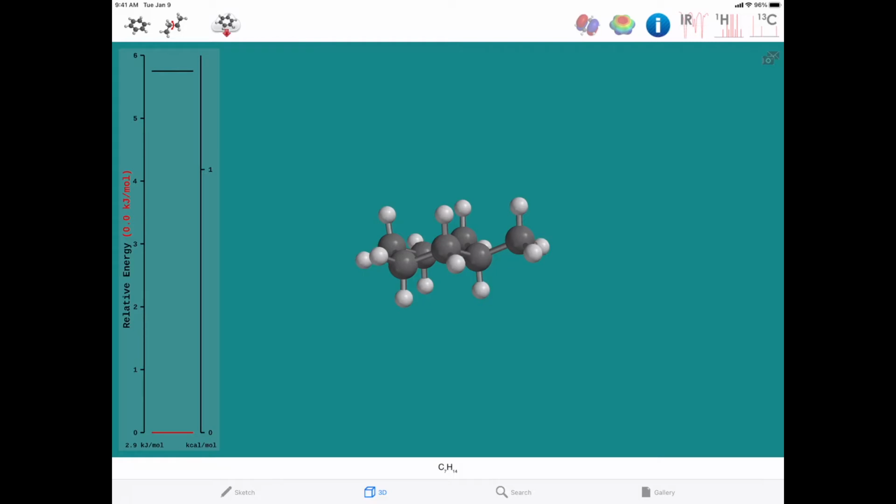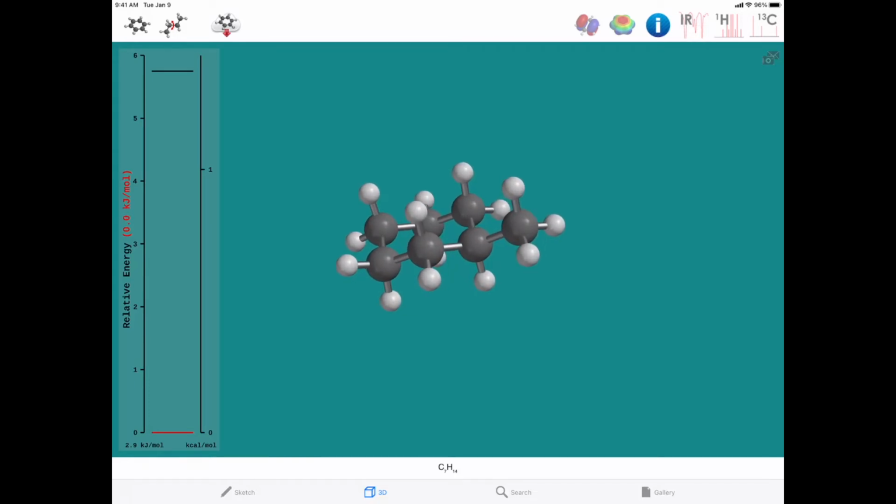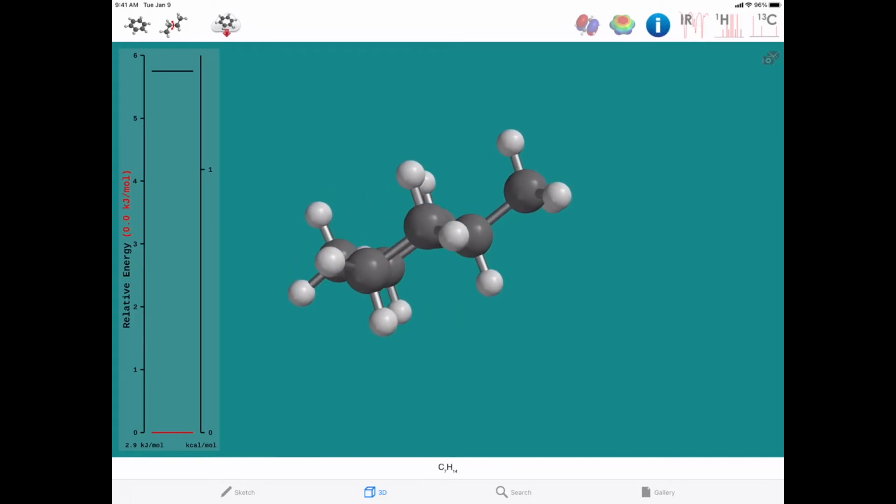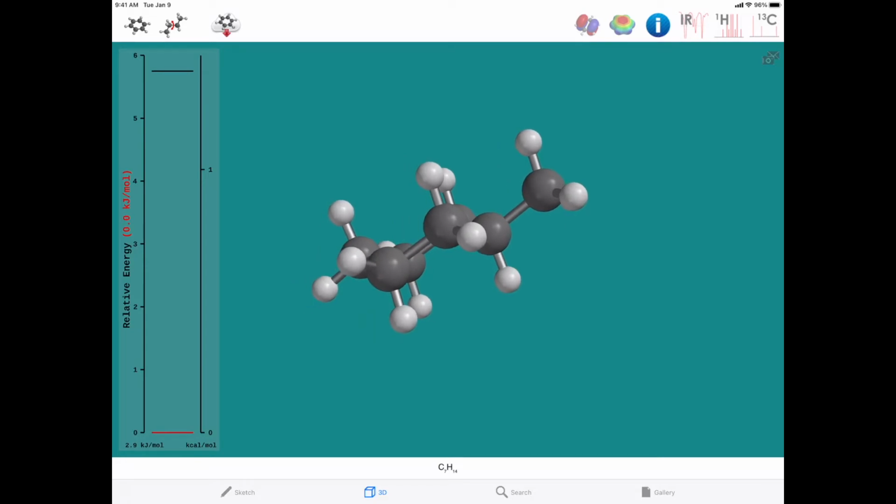And we can switch it to become the other chair, and that's up here at about 1.7 kilocalories per mole. Kcals is on this side, joules is on this side. Chemists like kilocalories per mole for historic reasons, but I don't know why. If you prefer joules, that's fine. But if you tell me a number in joules, I'm going to have to think for a few minutes before I can convert it into kcals and then know what you're talking about.